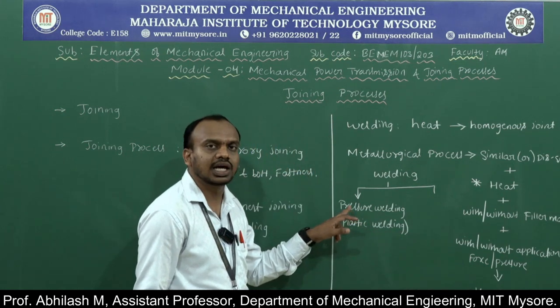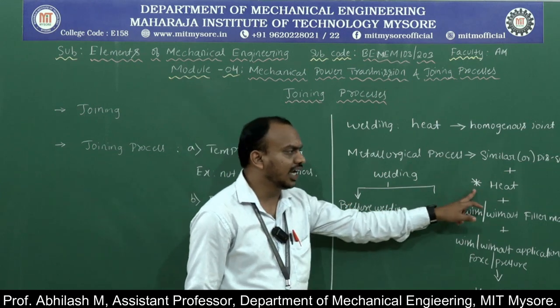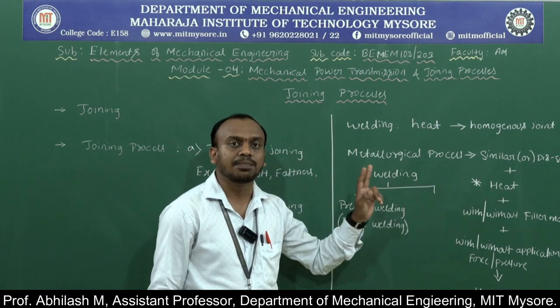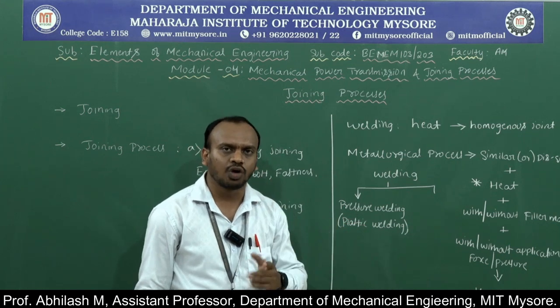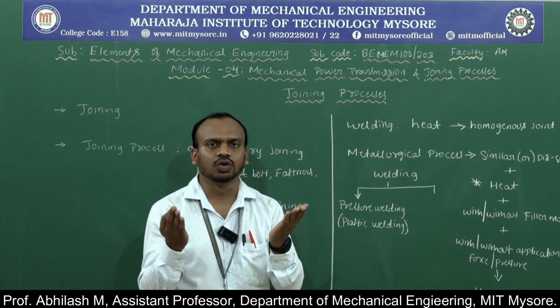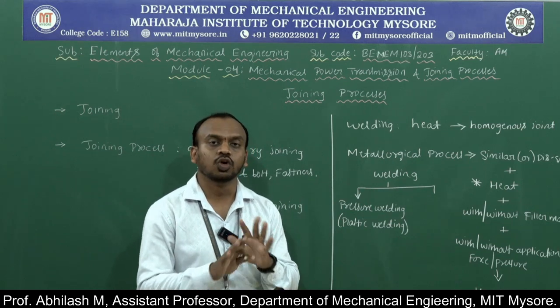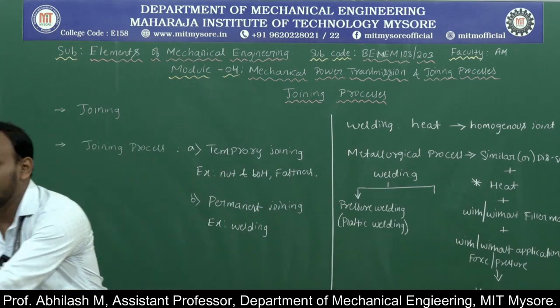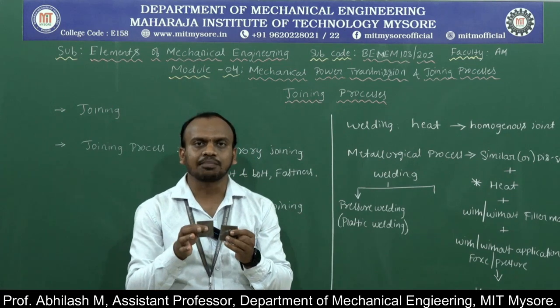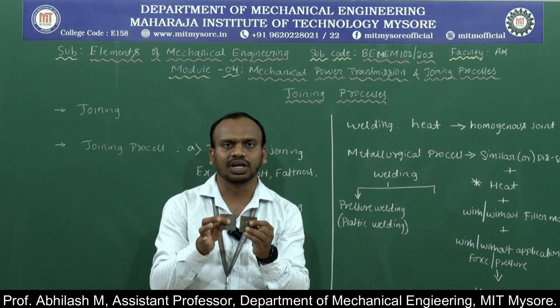Here the materials that are to be joined are heated only up to the plastic state. Then with the help of an external force or pressure we are going to join them. No filler material will be used. These two materials that I am going to join will be heated up to the plastic state of this particular material.